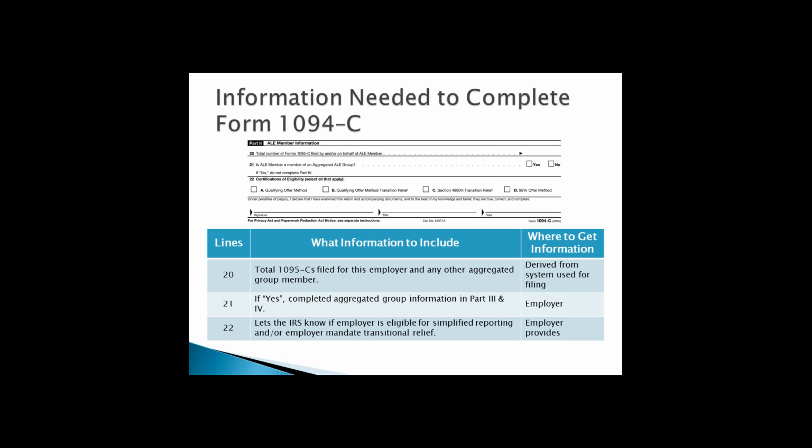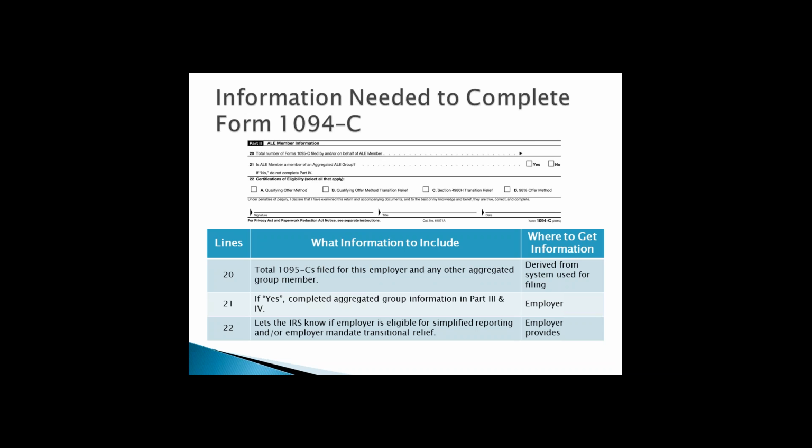So that is the qualifying offer method, which is box A. Going on to box B, which is the qualifying offer method transition relief. In order to be eligible, they must certify that they made a qualifying offer for one or more months of calendar year 2015 to at least 95% of its full-time employees.